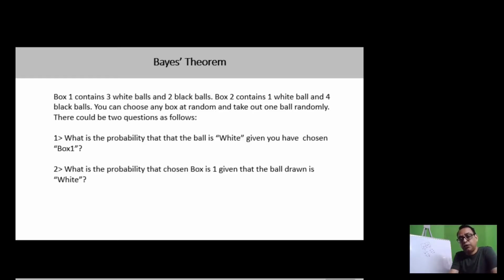The second question could be: if the ball is white, then what is the probability that the box chosen was box 1? This is called a reverse probability, and Bayes theorem, which is named after the scientist who discovered it, basically addresses this question. This is a very simple example. From there we will come to the general question and a general answer.